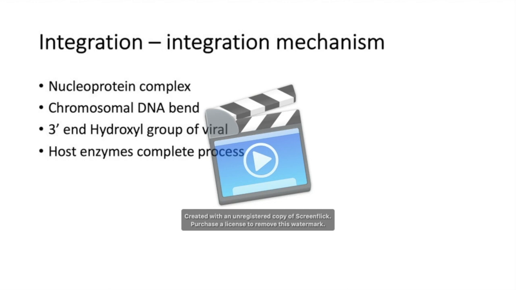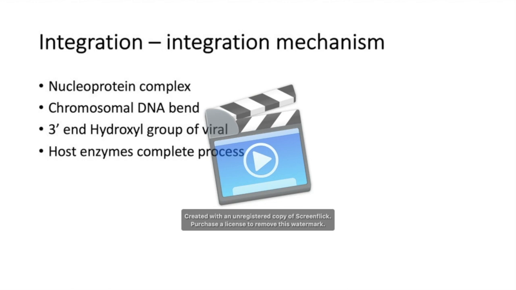The host DNA is going to be bent to an extent that exposes the phosphodiester bonds within the DNA. There are two catalytic activities for the integrase: 3' processing of the viral DNA, and then DNA strand transfer.